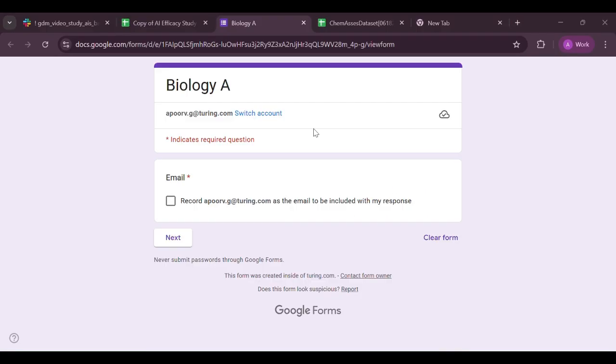After a short break, now we are going to test our knowledge based on the retest and after learning through Google. So now I am going to test my knowledge by using this set, Biology A. So let's start.